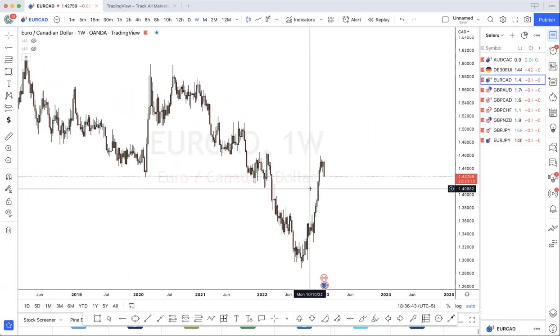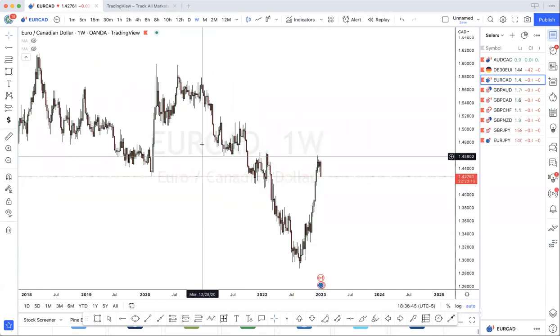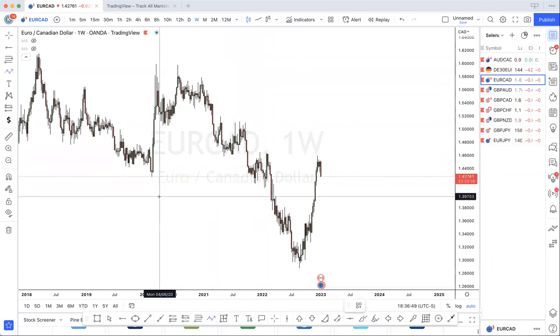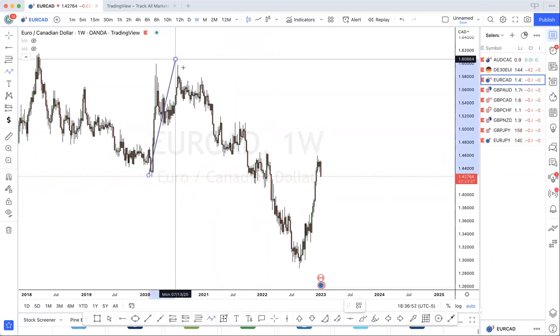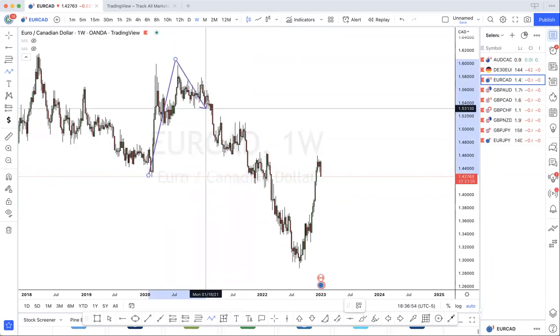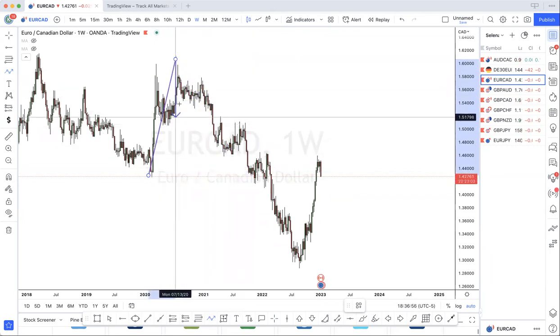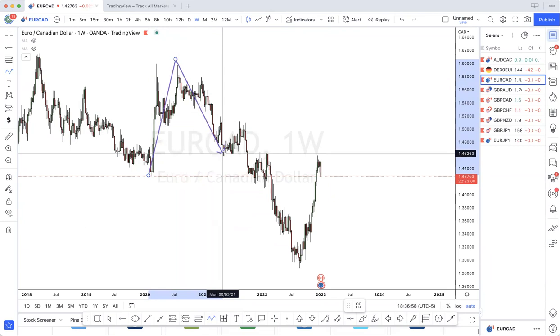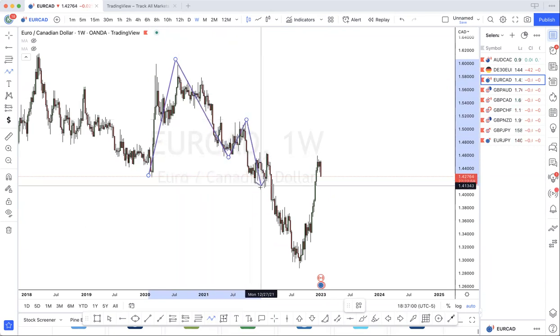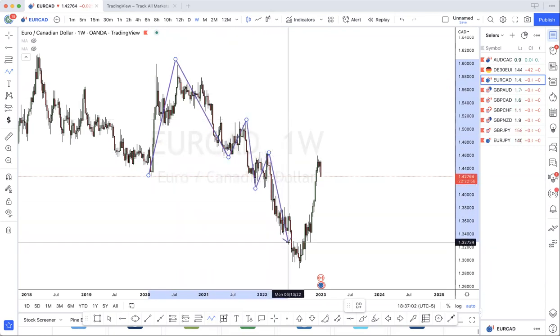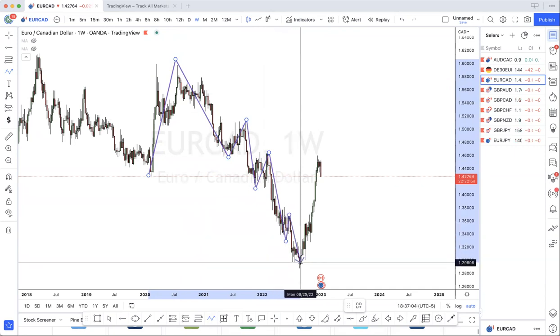So with that being said, price was bearish, right? Came here, and this was a low. You had to break here, pull back here, here, here, here, here.